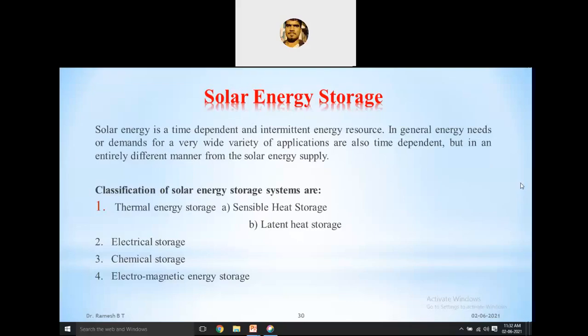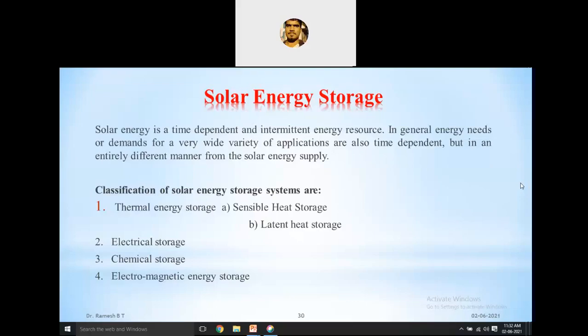The energy storage may be in the form of, I told, so many types, maybe heat energy, maybe electrical, or chemical, or mechanical, whatever it may be, a different form. But after storage, it should be reversible.